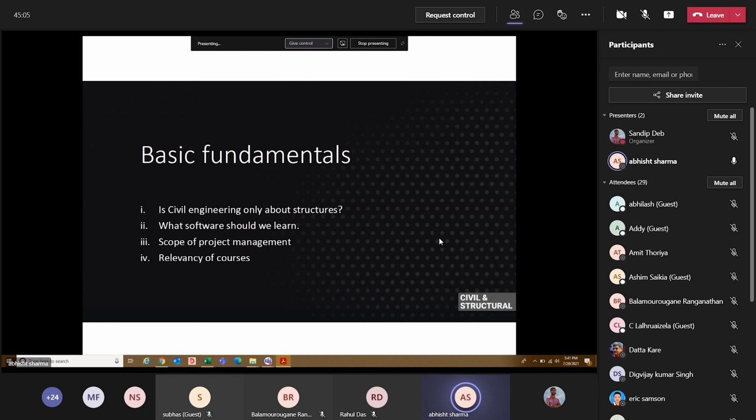And then comes your materials, building materials, that if you want to use concrete, steel, or what kind of material you're using. So basically that also comes into it. And then comes your quality control. And at the end, once you have all these things, then comes the structural engineering. So then you do the structural engineering, you do all the analysis, then you design your RCC and all these things, and then do the detailing part.